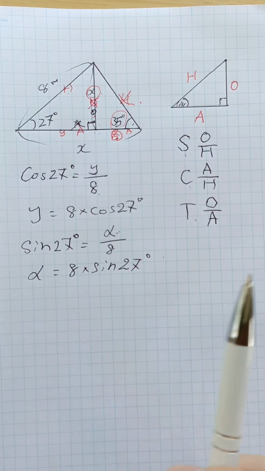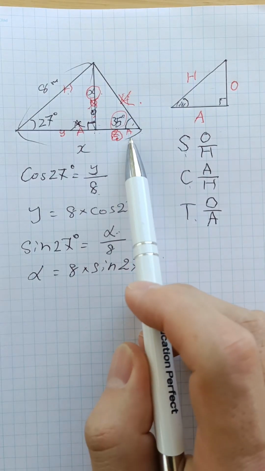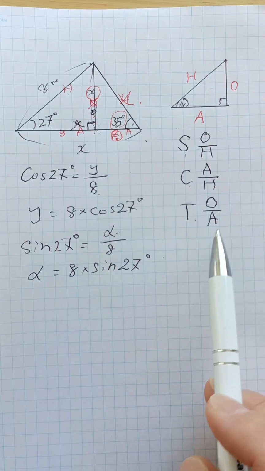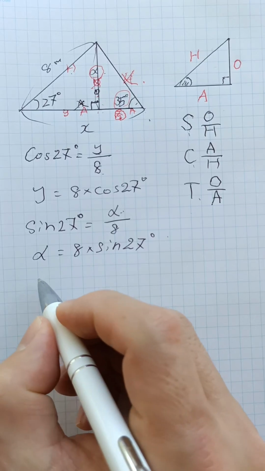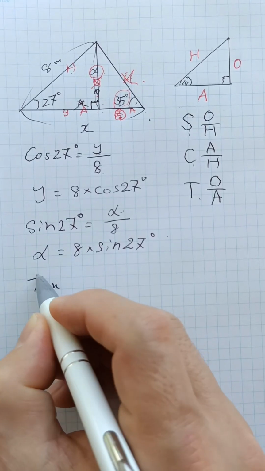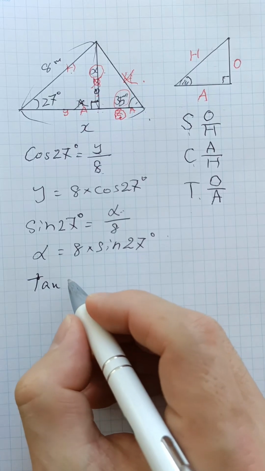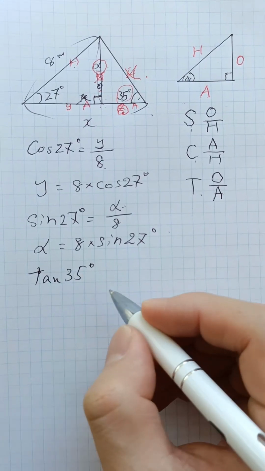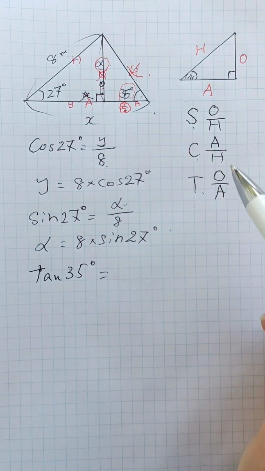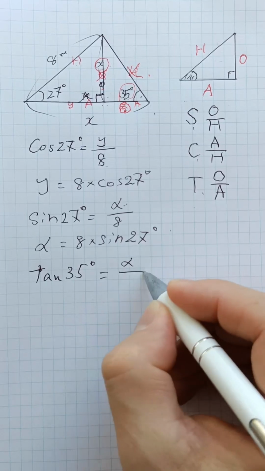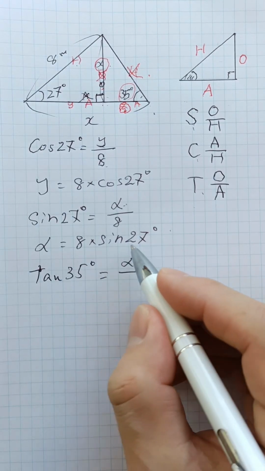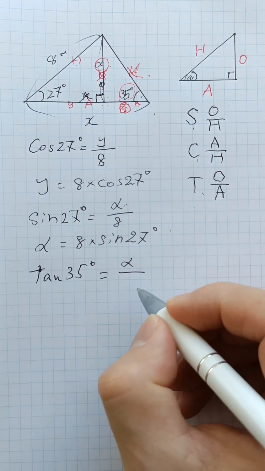Okay, so O and A. Tangent. We are using tangent. Okay, so let's say tangent 35 degrees is O over A. O is alpha, which is this value, and A is Z.